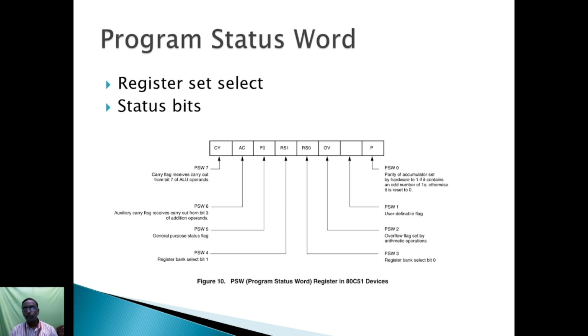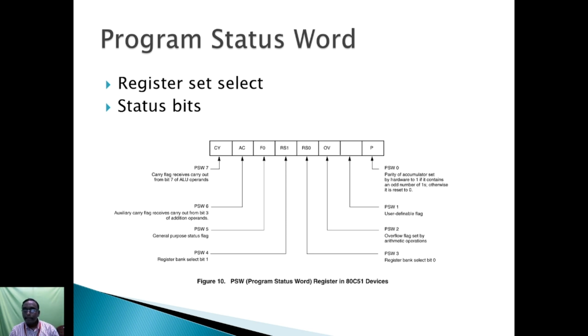OV is PSW2. PSW2 is the overflow flag set by arithmetic operation. When any overflow takes place in an arithmetic operation, the overflow flag is set. PSW1 is the user definable flag.